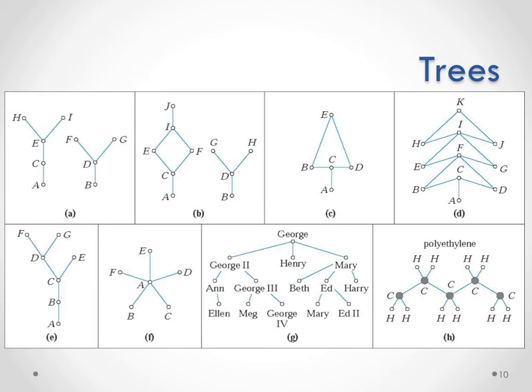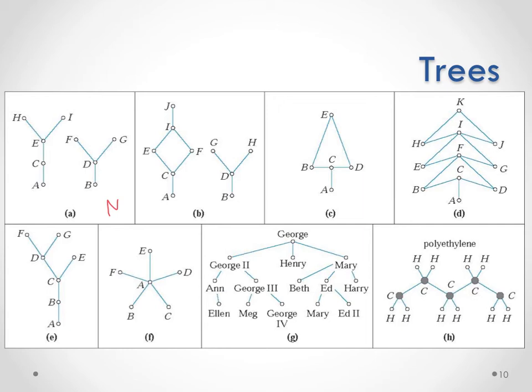Here's a bunch of examples of possible trees and not possible trees. So A, what do you think A is? Is A a tree? Think back on our rules. It is a complete graph with no circuits. This as one graph is definitely not a complete graph. Therefore, it is not a tree.